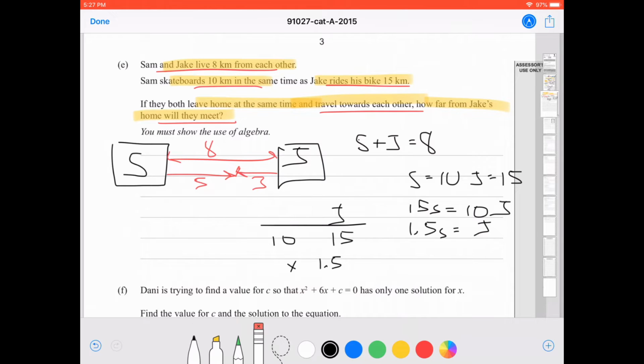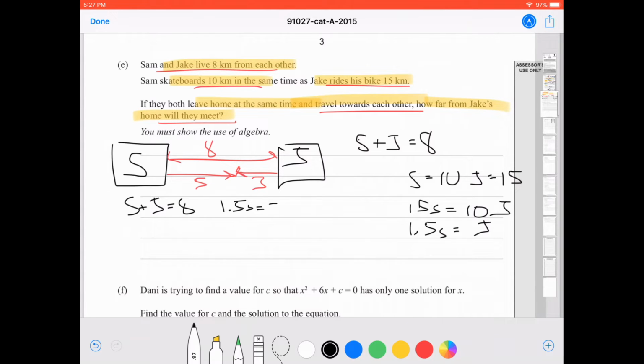Okay, so we've got 3 equations here, but really 2. We're going to use S plus J equals 8, and you could use either 15S equals 10J or 1.5S equals J. Let's use 1.5S equals J, because we know at this point we're going to be using simultaneous equations here.